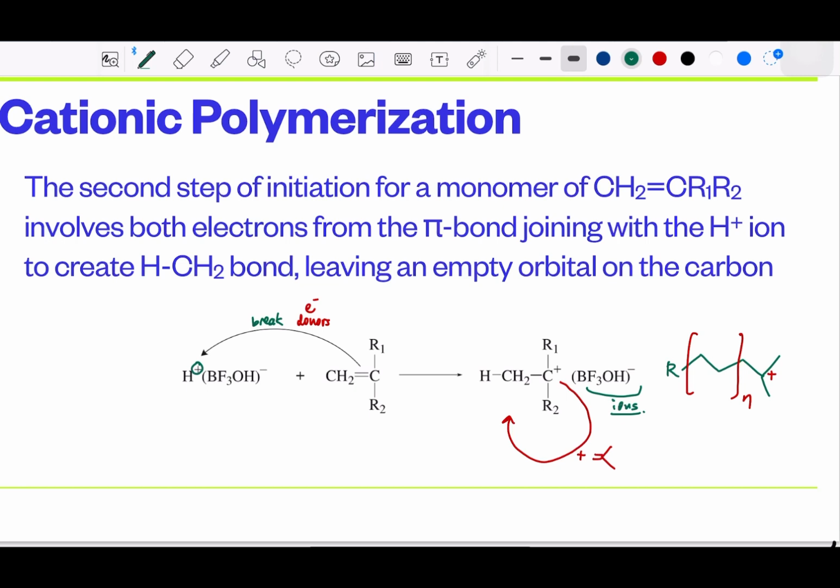If you want to read more official definitions, the second step involves electrons from the pi bond, which means this pi bond here, joining to H plus, creating this bond here, and leaving an empty orbital.